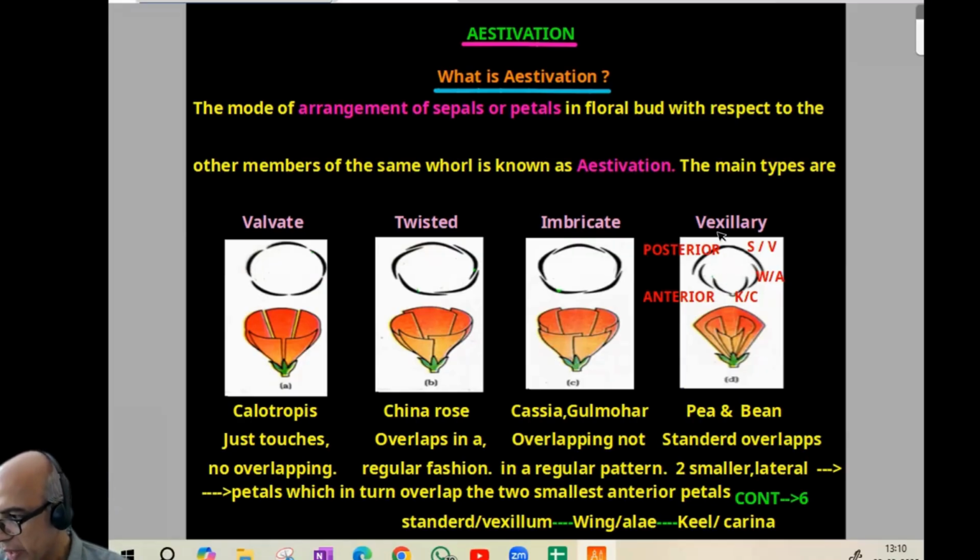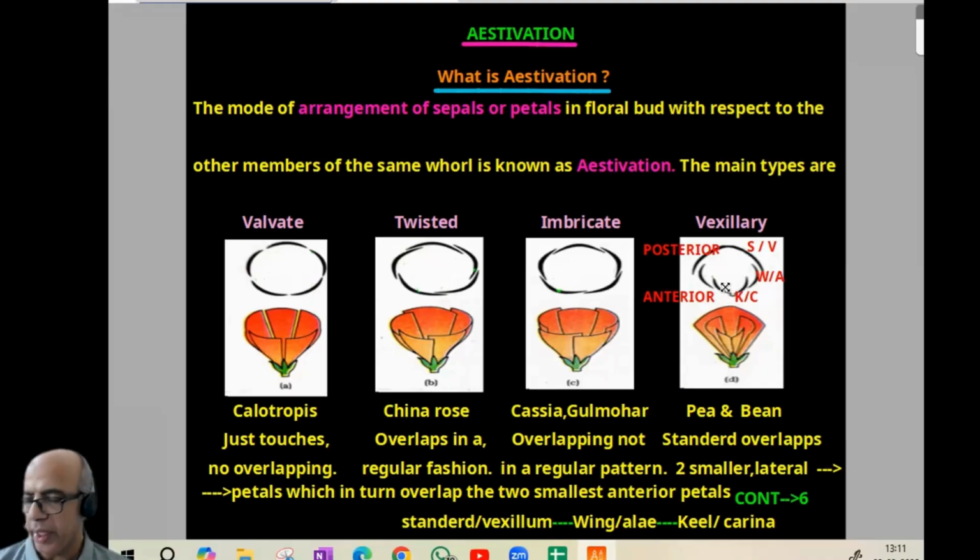So this is the bigger one, lateral 2 and basal part 2. So when we come to this vexillary estivation, the standard or vexillum overlaps 2 smaller lateral wings or alae, which in turn overlap the 2 smallest petals.